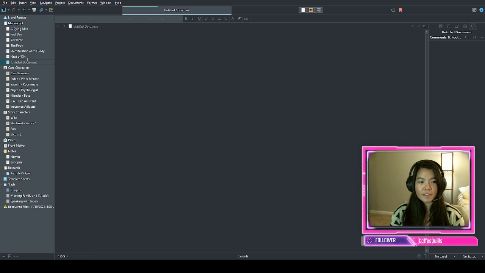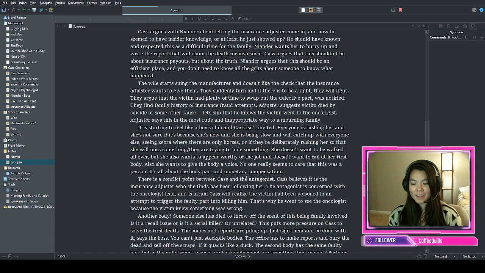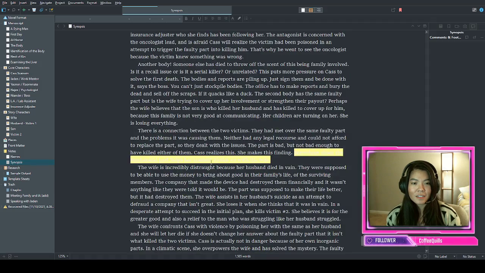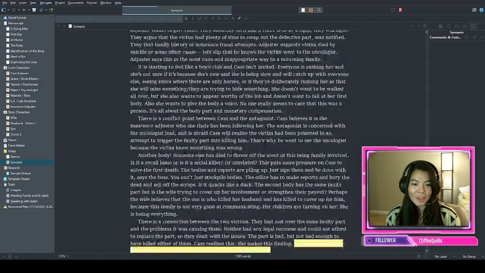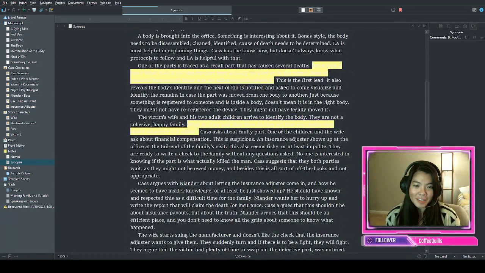Add a new text. Examining liver. And I'm going to check my synopsis to see if there is actually anything in here that would tell me that I know anything about the liver. I'm starting to think I don't.